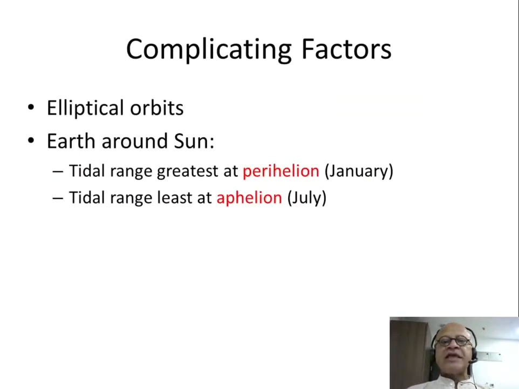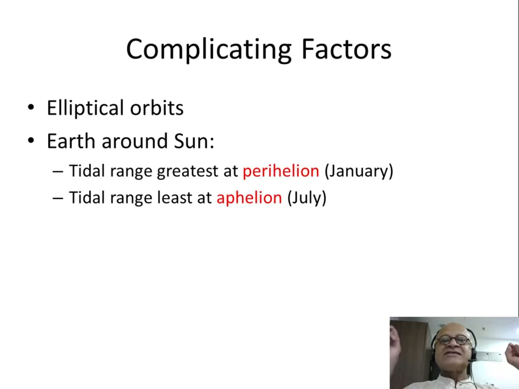So the other complicating factor is that we are in an elliptic orbit, Earth around the Sun. So the distance of the Earth from the Sun changes by season, as we know. When it is closer to the Sun in January, as we said before, our winters in the northern hemisphere are milder because you're a few million miles closer to the sun in January, and you are away from the sun at the aphelion in July.